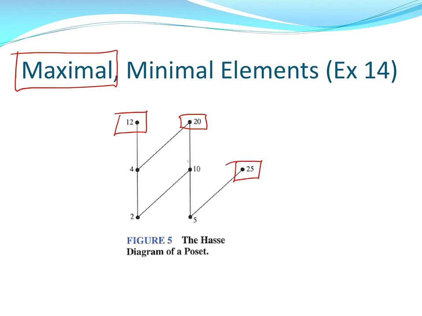But there is no maximum element because I've got 3 maximal elements. How about minimal elements? Well, nothing divides 2, so that is a minimal element. And nothing divides 5 of these elements, so that is a minimal element. But I don't have a minimum element because I have 2 minimal elements. And that is Hasse diagrams and using them to find maximal, minimal, maximum, and minimum elements.